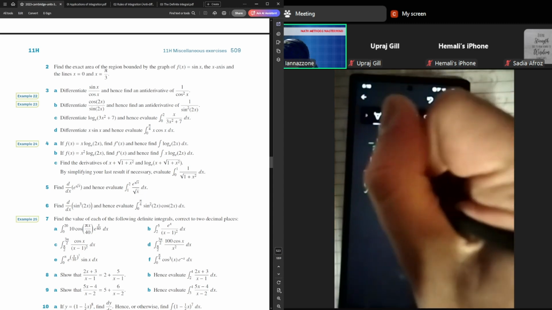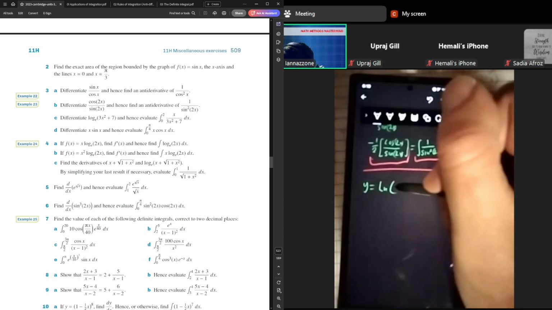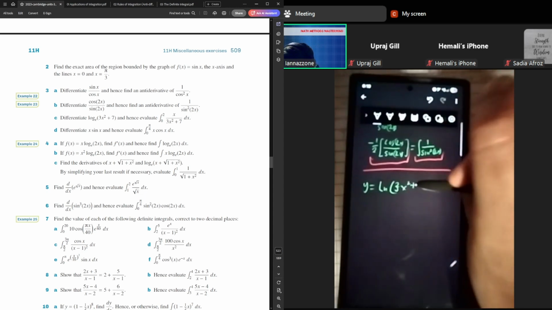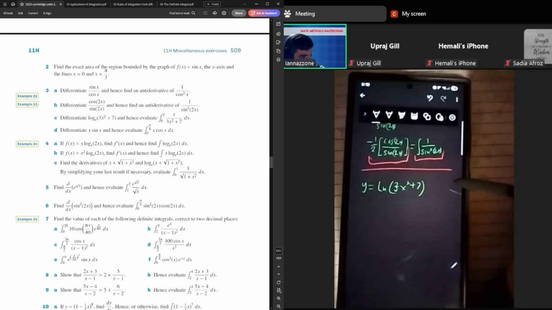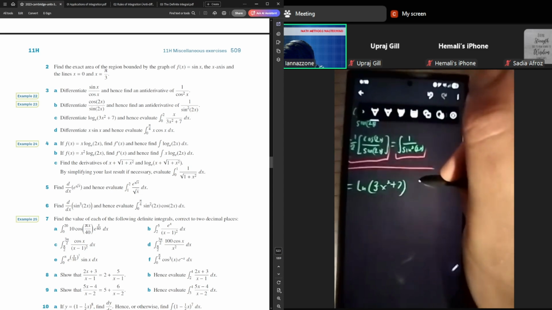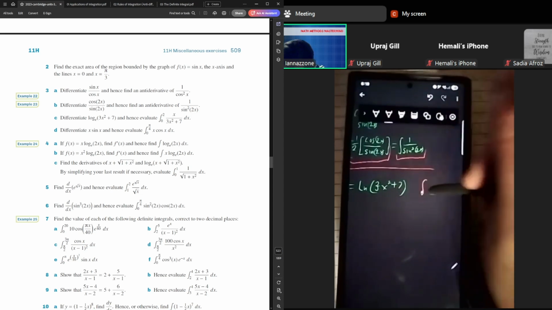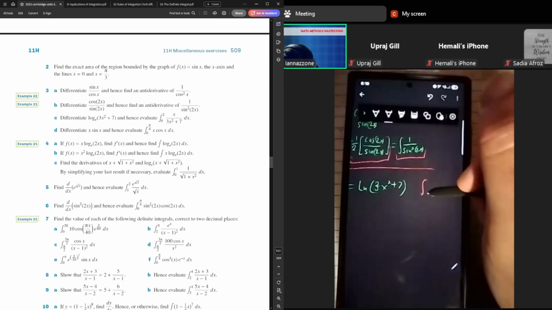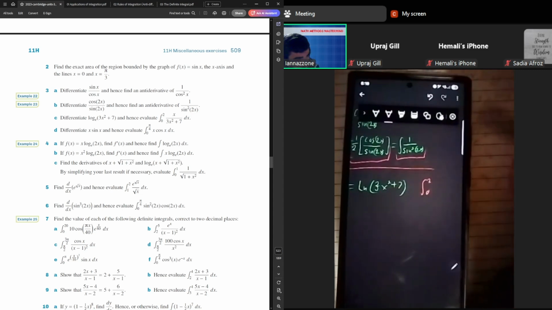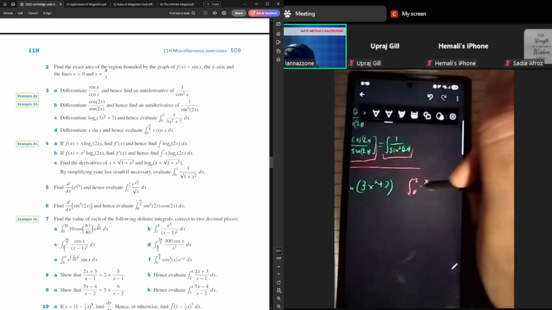So y is natural log of 3x squared plus 7, and hence evaluate. Well, maybe I won't get rid of the terminals. It'll be worth revising how that works. Integral from 0 to 2 of x over 3x squared plus 7.